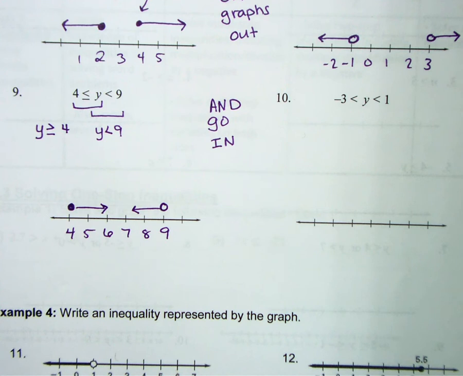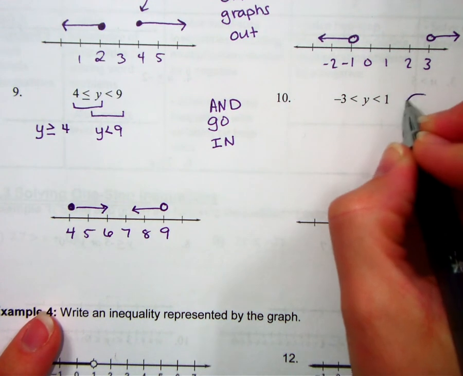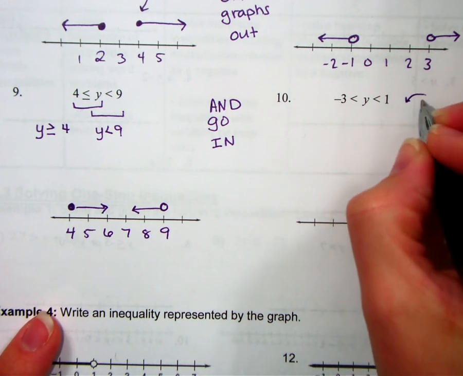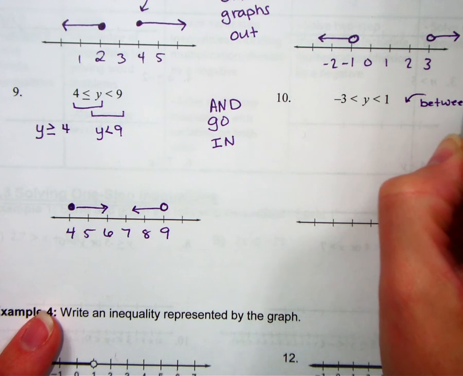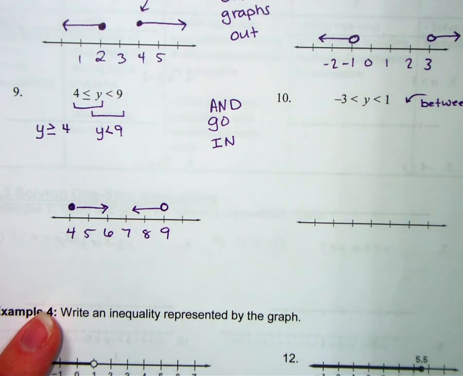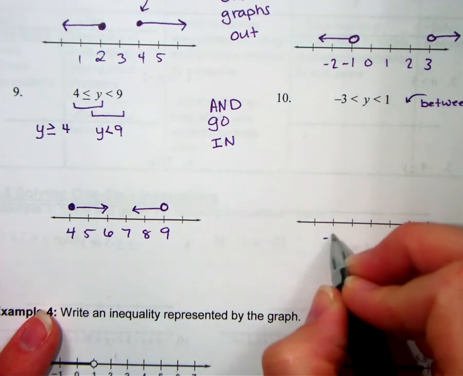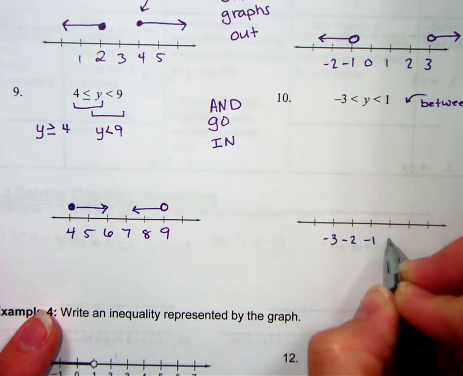The word between is going to come around a lot when we're doing these kind of inequalities. This right here, if I read this out to you, I would be saying y is between -3 and 1. So give me a number that's between -3 and 1, 0. Okay, so -3, -2, -1, 0, 1.